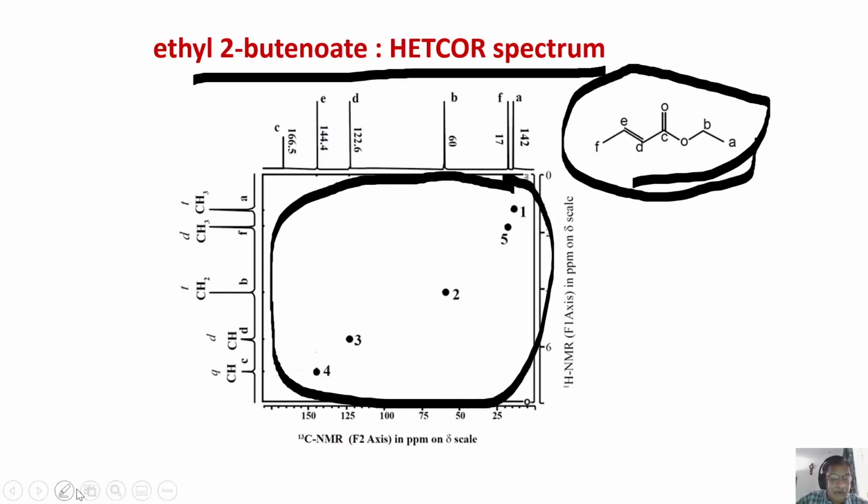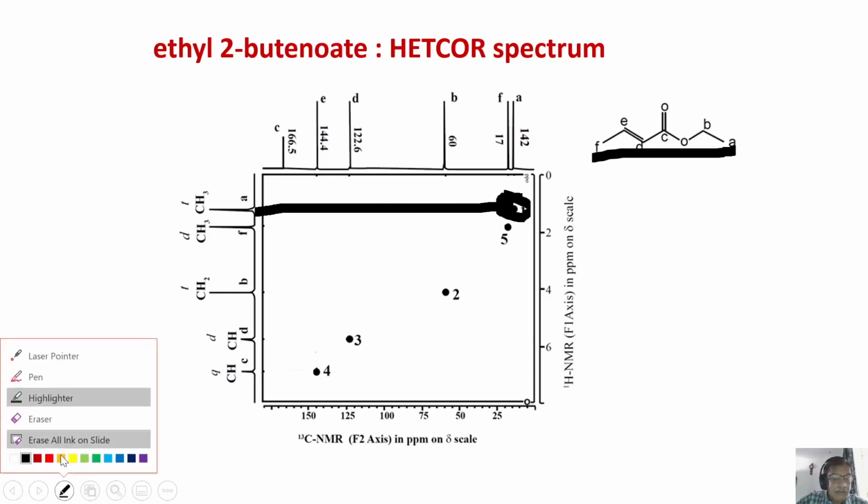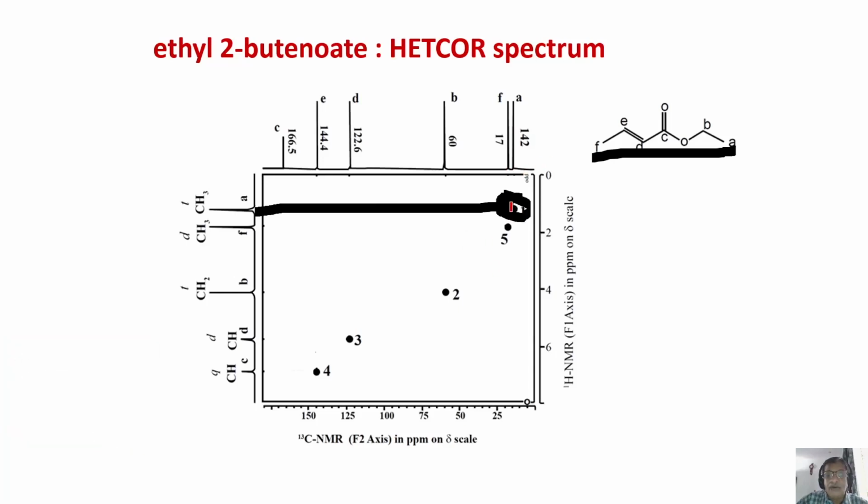Now look at what you are observing here. We analyzed this, remember, in the proton spectrum of this molecule. This is the CH3 peak we know, this is 1. And this is the proton axis. Go horizontally along this axis, you are going to hit a peak here. Then go vertically up, you are going to hit that peak.